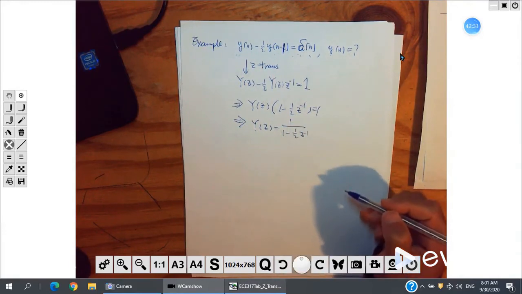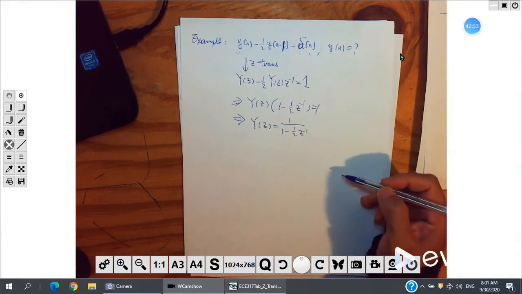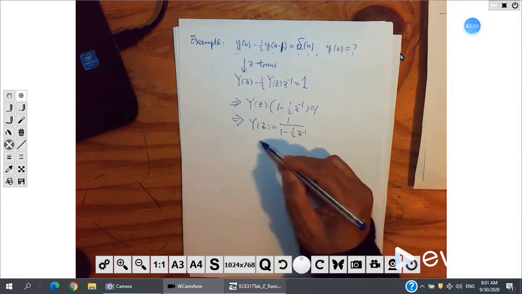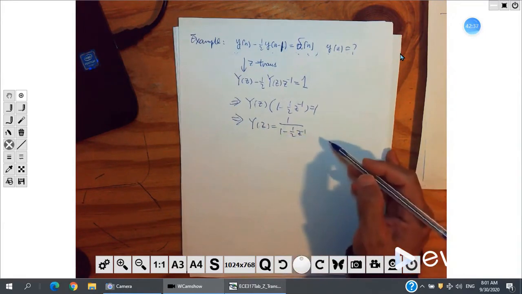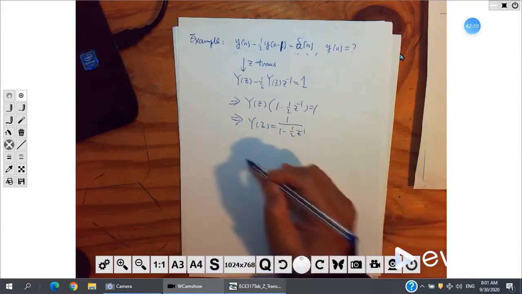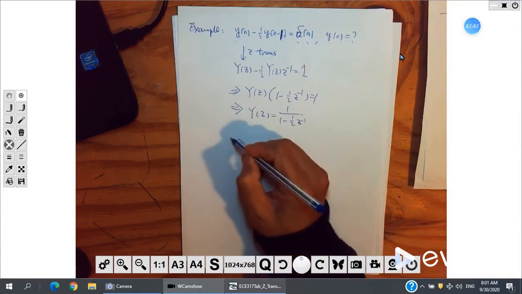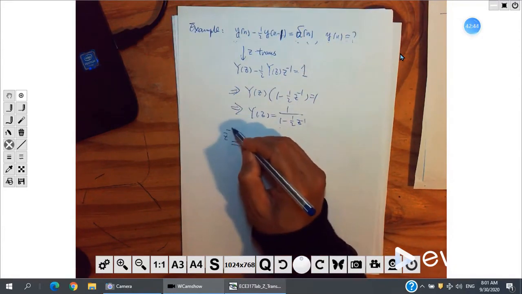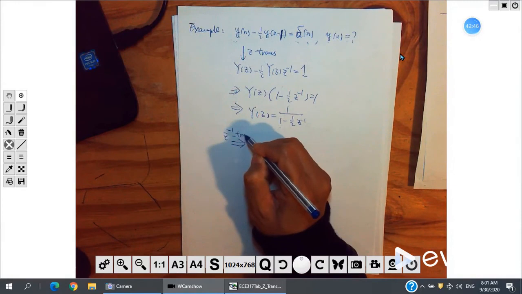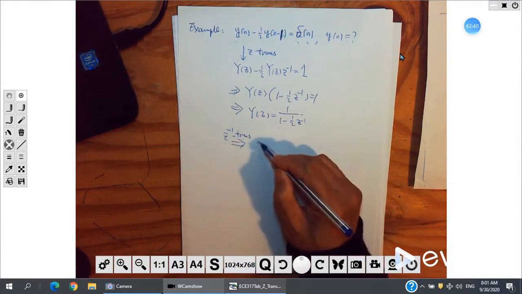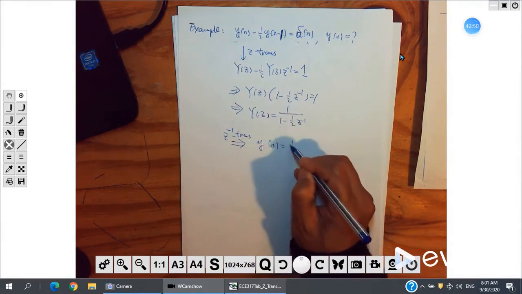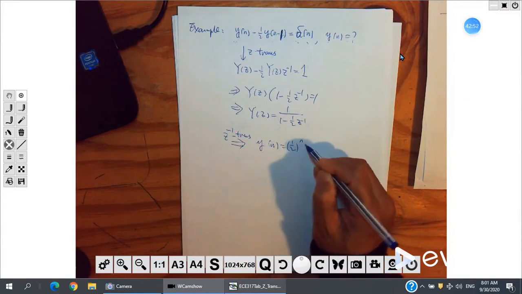So you have the z transform of y. Then we go back with the inverse transform. We have y of n equal to 1/2 to the n times u of n.